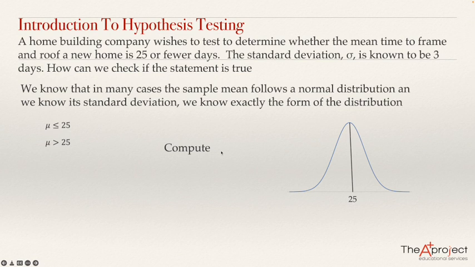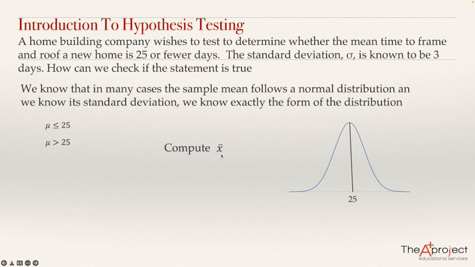So what are we going to do? If we want to check if this is 25 or less, then what I'm going to do is compute the sample mean. Obviously, the fact that the sample mean is different than 25 doesn't prove anything. For example, if I notice that the sample mean is 25.1 or 25.2, I can think that it could be false that mu is less than or equal to 25.